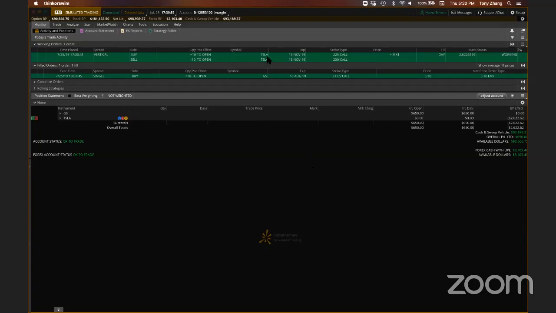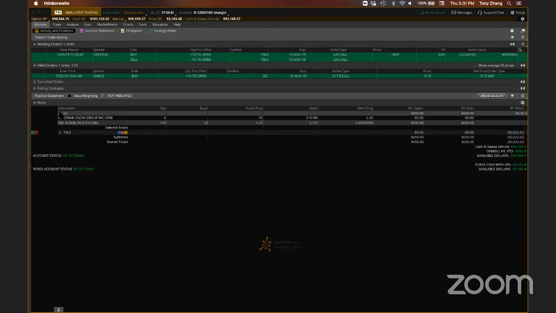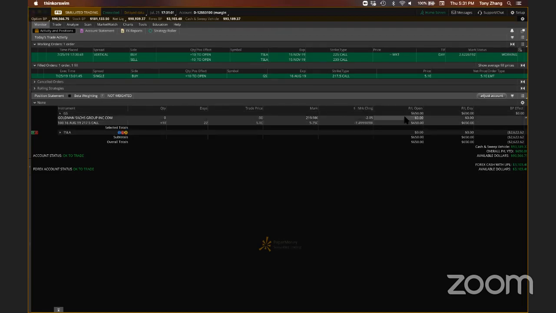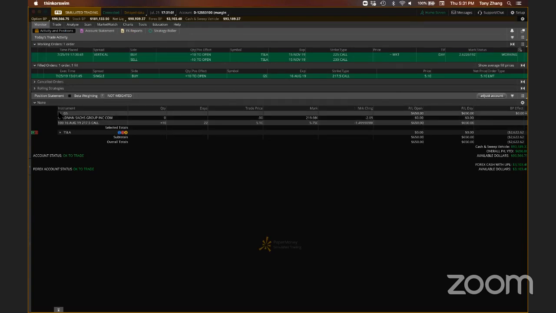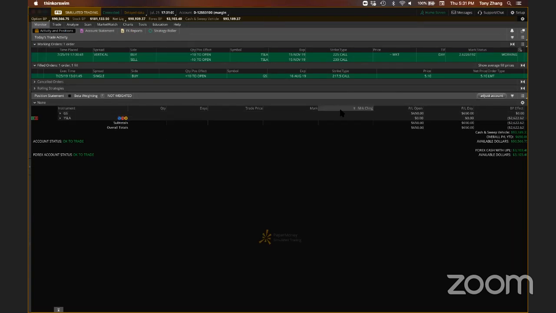But you should be able to see your P&L open for an entire position. So if you have multiple legs, you should be able to see the P&L open of both legs when it's rolled up on that one line. So you have one line for each symbol, and you should be able to see the P&L open, which means that you can see the P&L of your total, whether you have a debit spread or 10 legs, whatever it is. You will have a combined P&L for that whole position.